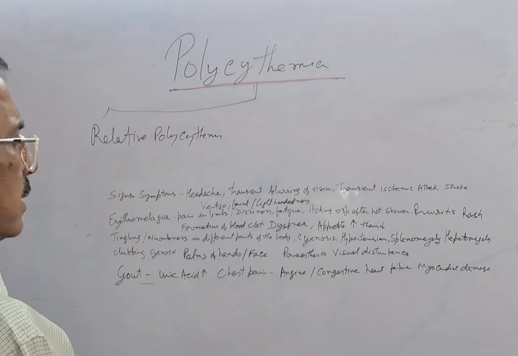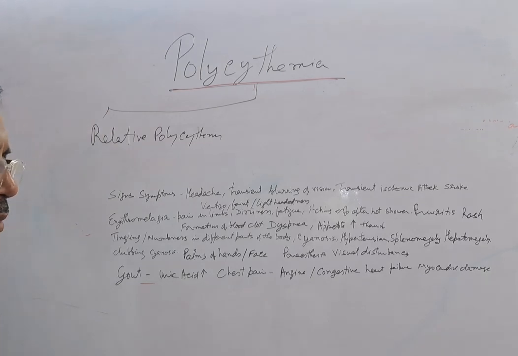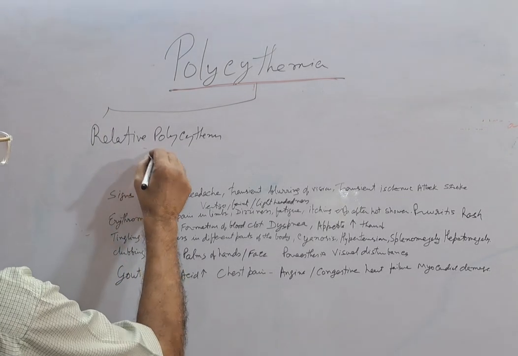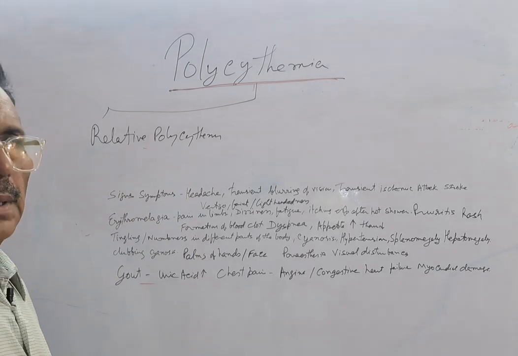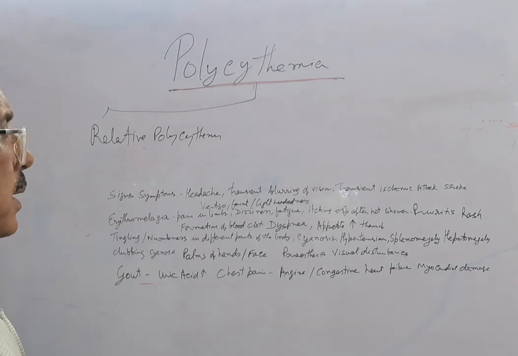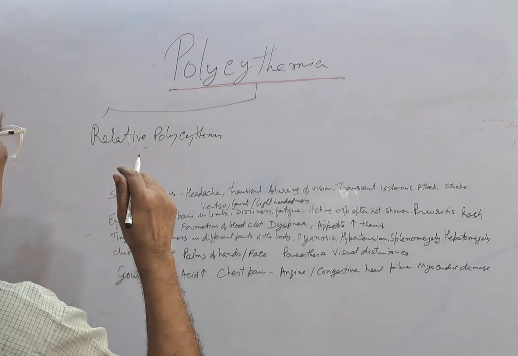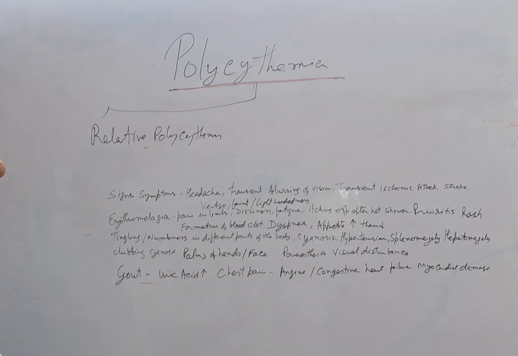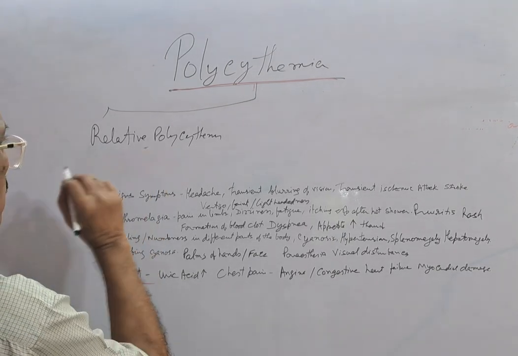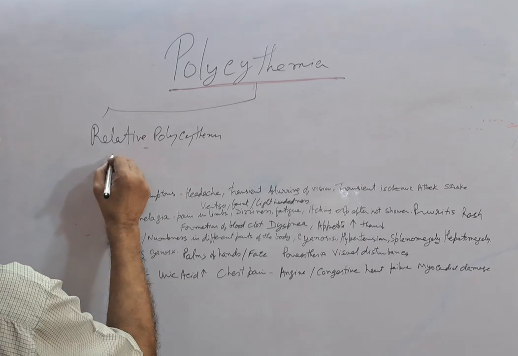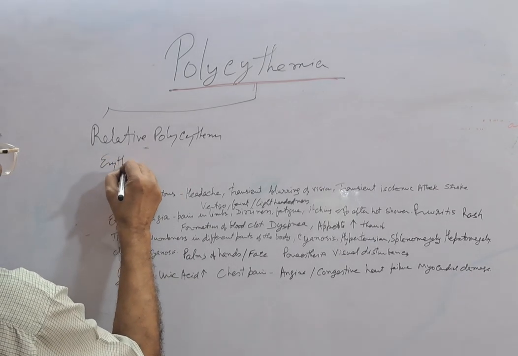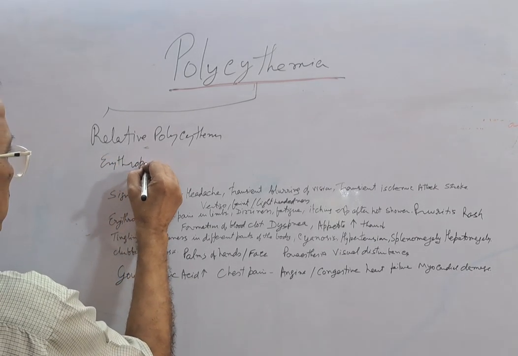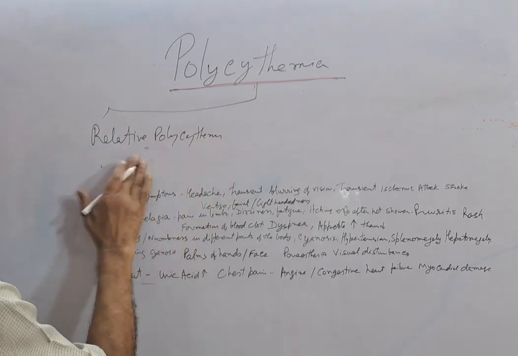In cases of dehydration due to any cause, nausea, vomiting, diarrhea, burn, or in case of diuretics, when only fluid portion is lost, the formed elements are present and they will increase, hematocrit value will increase. This is relative polycythemia. In this case erythropoietin level is not affected.